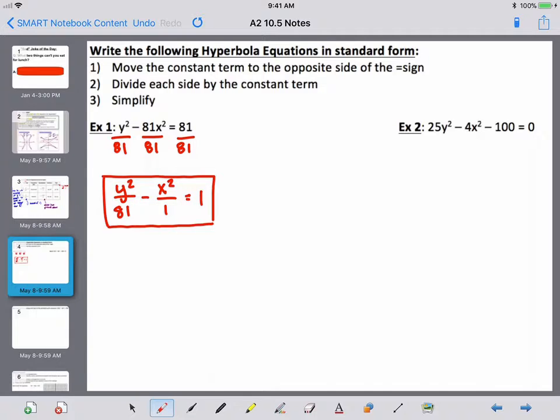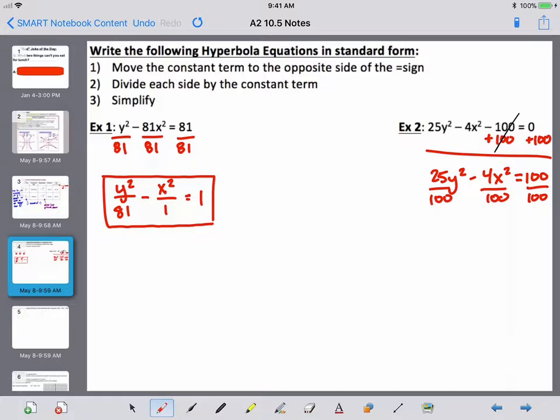Alright, example 2 is going to be a little more work because we do need to move this constant term to the other side of the equal sign. So we're going to add 100 to both sides. Then we end up with 25y squared minus 4x squared equals 100. Now that's our constant term, so we need to divide each piece by 100.